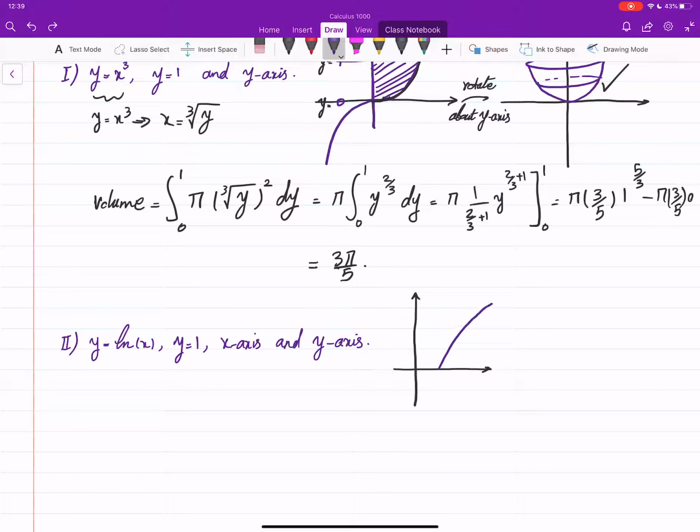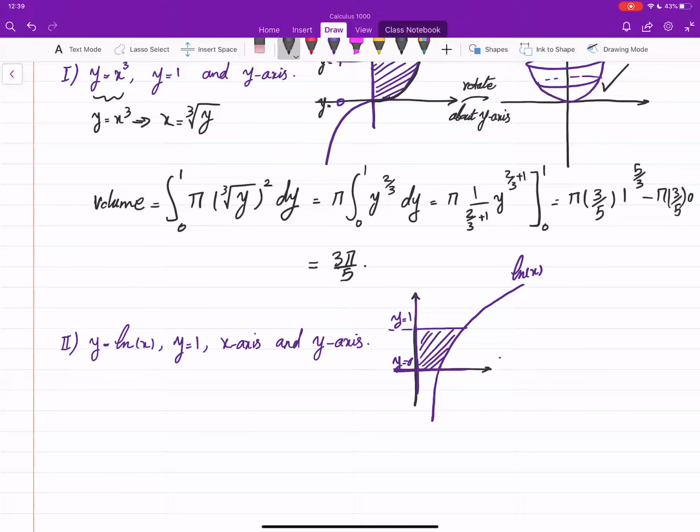Ln x has a graph of the form like this. This is y equal to 1. The x-axis is y equal to 0. And this is the y-axis. So the region is this.